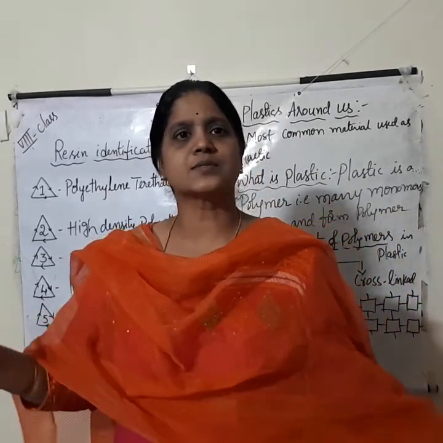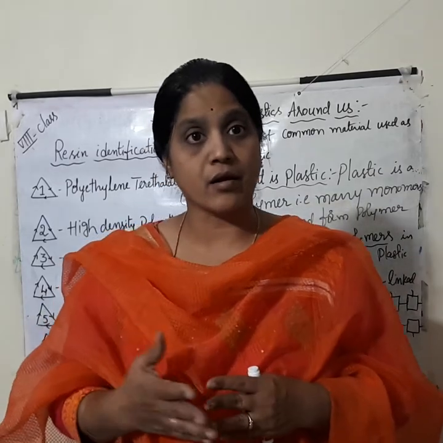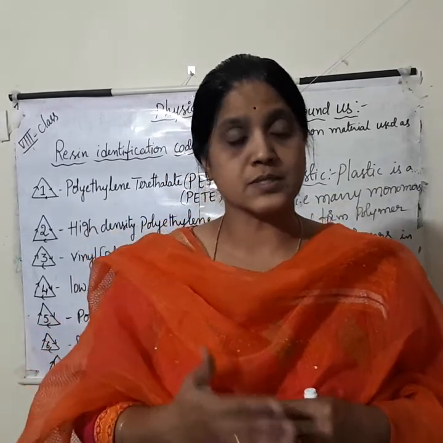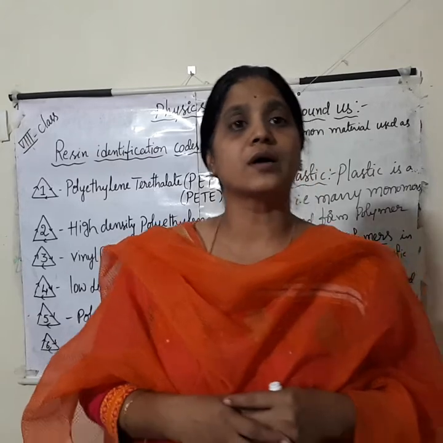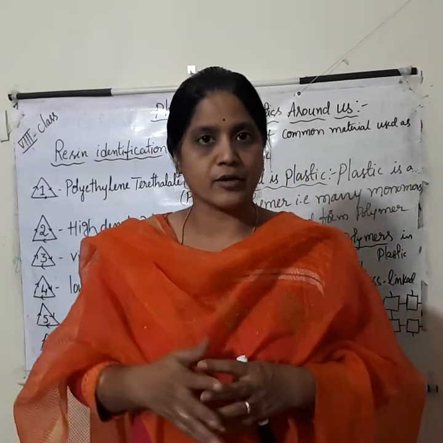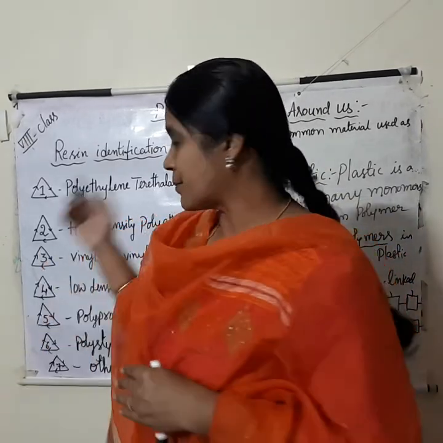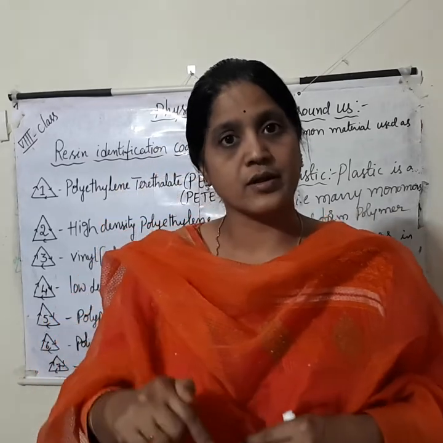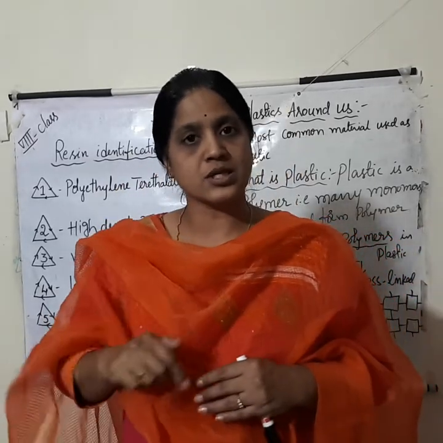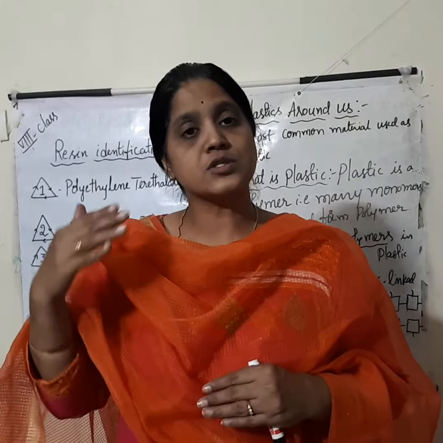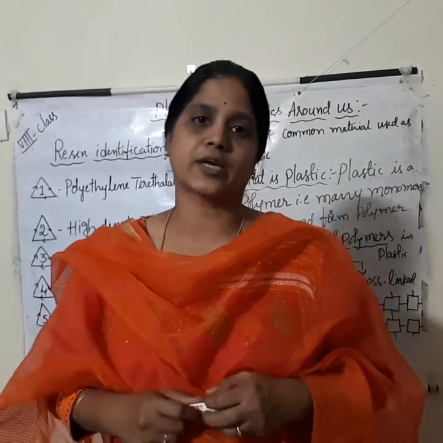All these plastic items are made of different types of polymers, or combinations of materials. Using these numbers, 1 to 7 in the triangles, we can recycle these plastic items.